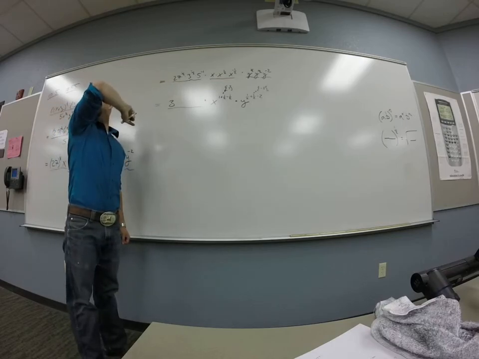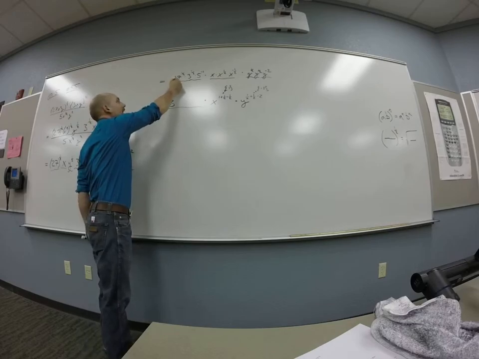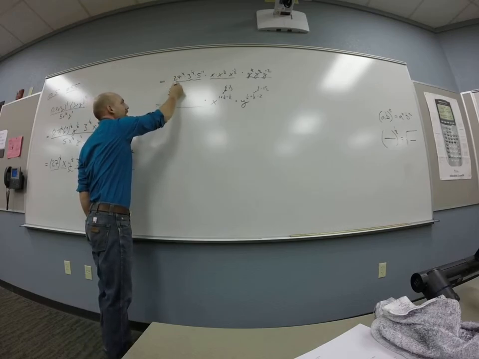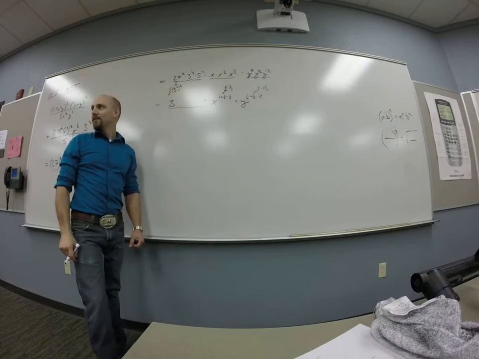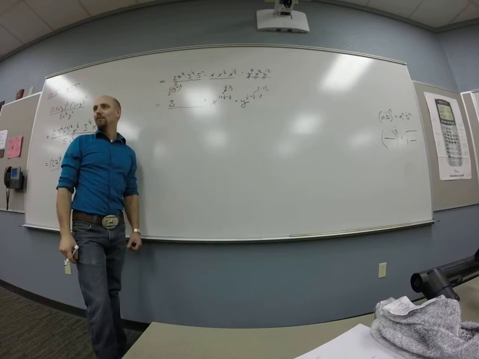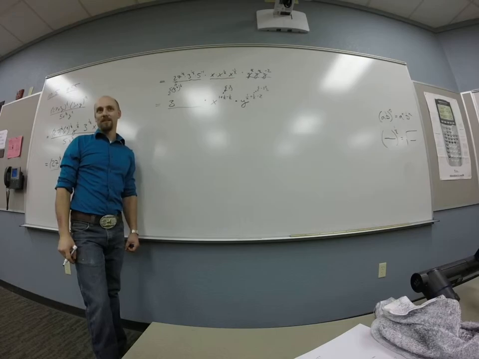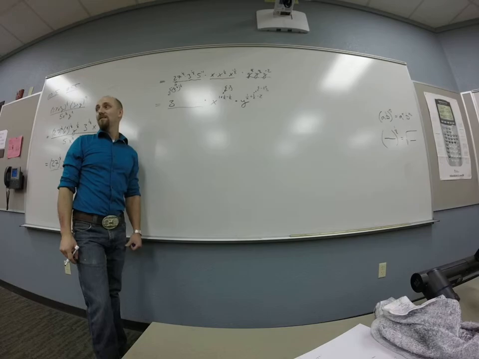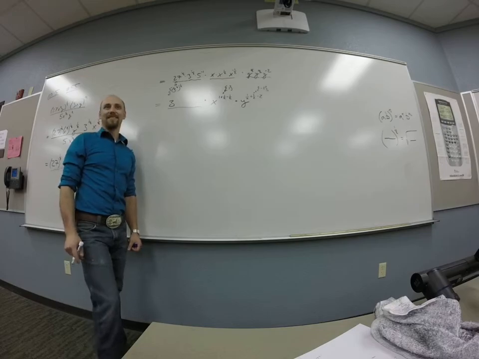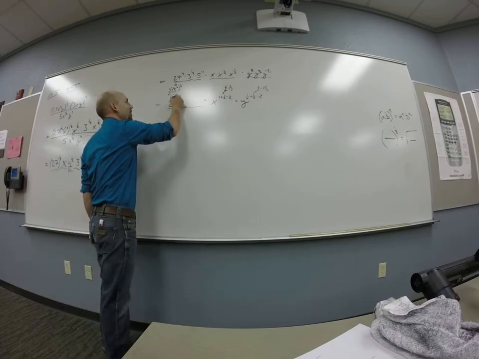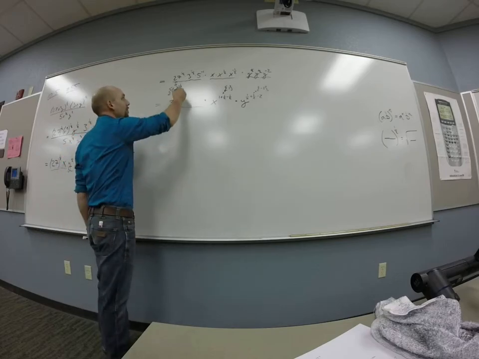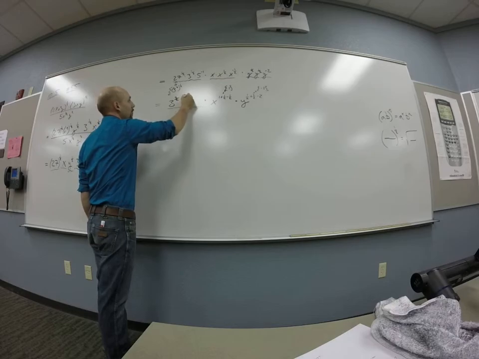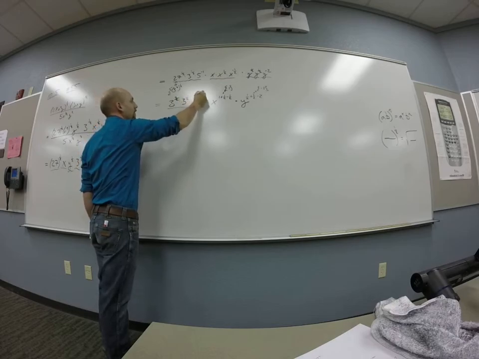So I've got 3 cubed to the 1/2, which leaves me with 3 to the 3/2, multiplying by 3 to the 1/2, and then there's a 5 to the minus 1.